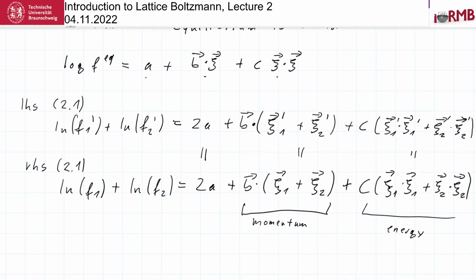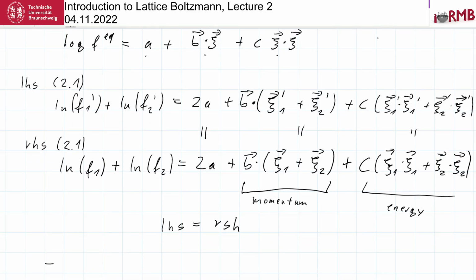Because they are the same for the left-hand side and the right-hand side, we have conservation of these quantities, and this gives us then the equilibrium distribution function, e to the power of a and e to the power of b times xi plus c.